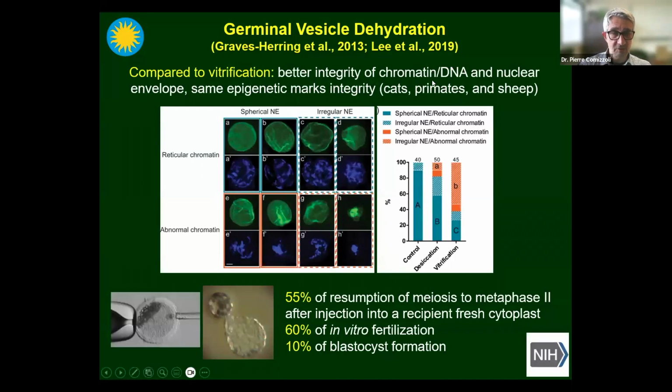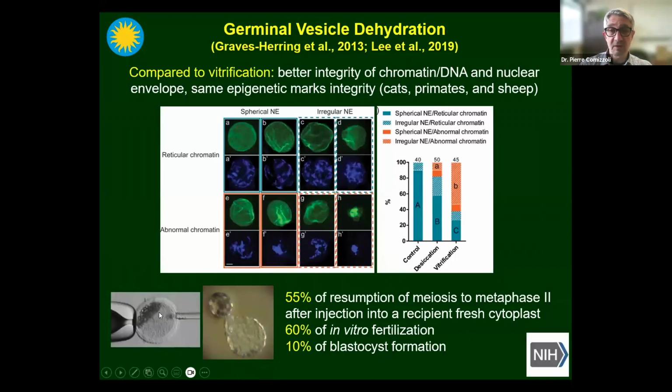We had the opportunity to look at that in different models, not only in the domestic cat. Early on, we also had some assays where we tried to dry those germinal vesicles and see if they were viable after we reconstructed an oocyte with a fresh cytoplast and a rehydrated germinal vesicle.